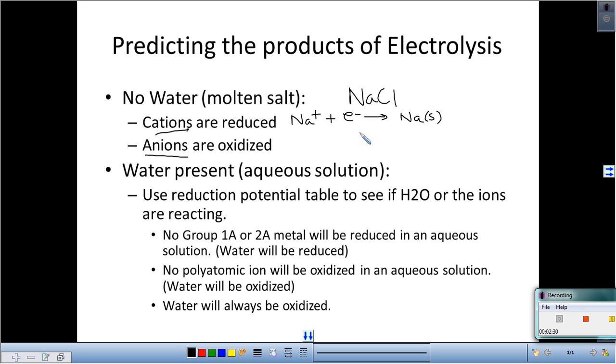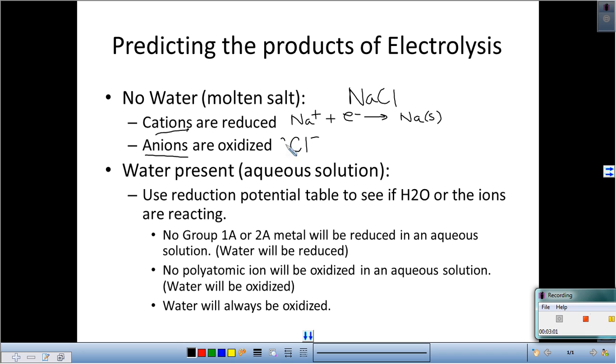Now here's where it gets tricky. The anion is going to be oxidized. So what's our anion? In this case, it is chloride ions. When you go to look for chloride ions on your reduction potential table, you will have a hard time finding them because they're actually on the product side. This is the oxidation reaction, so you're going to have to flip it.